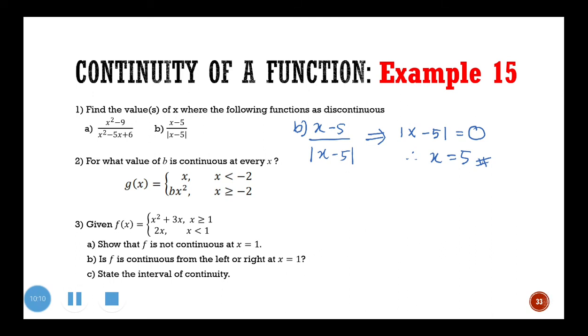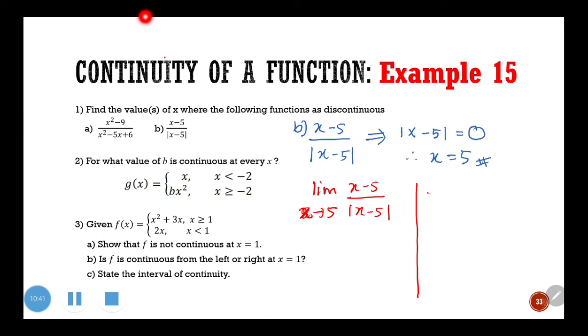Again, for this question I want to do some revision too, so I change the ink to red here. x minus 5 over modulus of x minus 5, just to check on the limits, x approaching 5. Remember this function is a piecewise function. I discussed this, if I'm not mistaken, last week in our synchronous class.